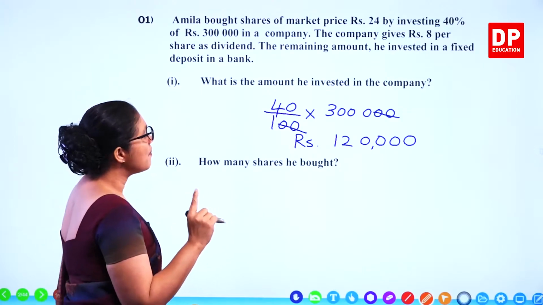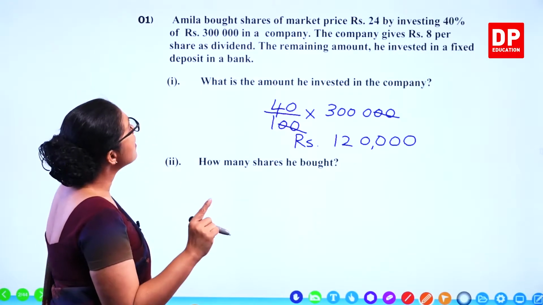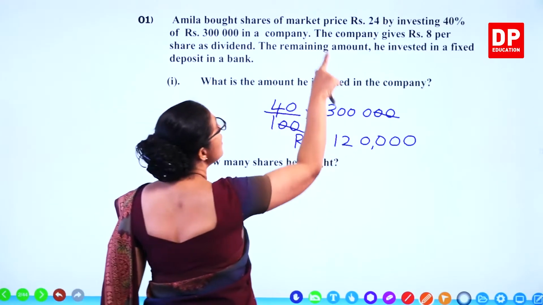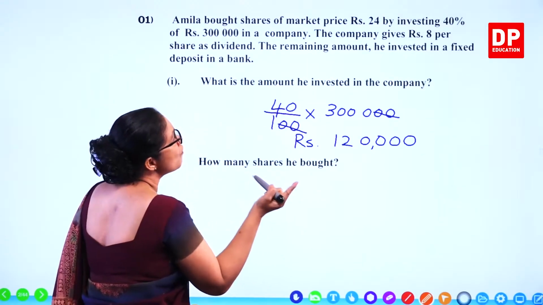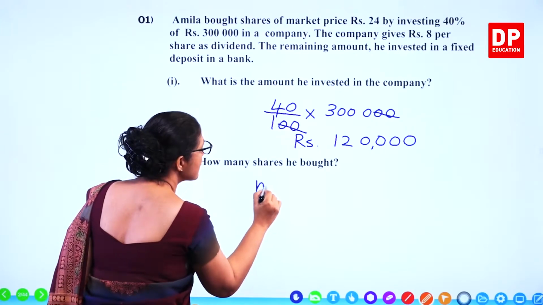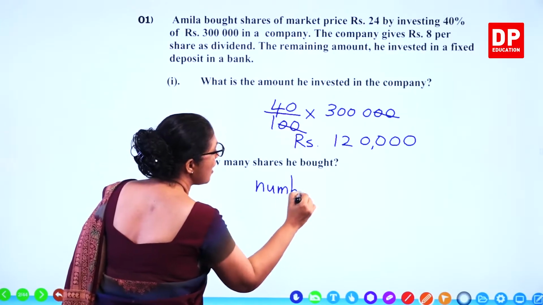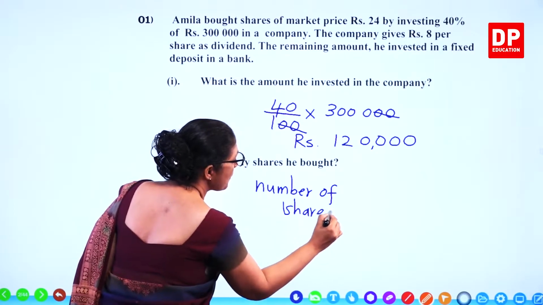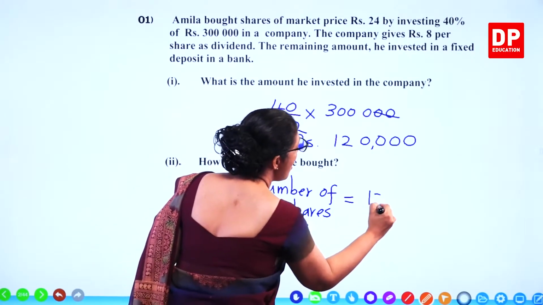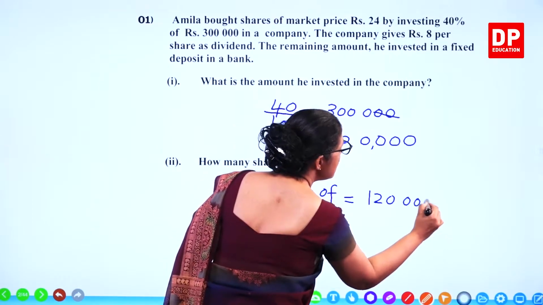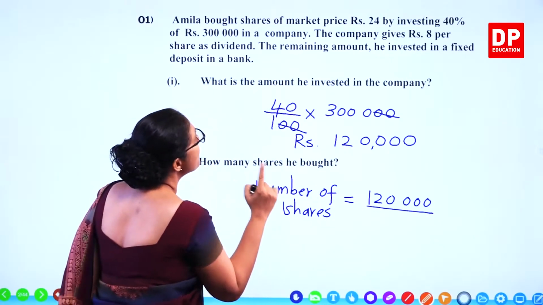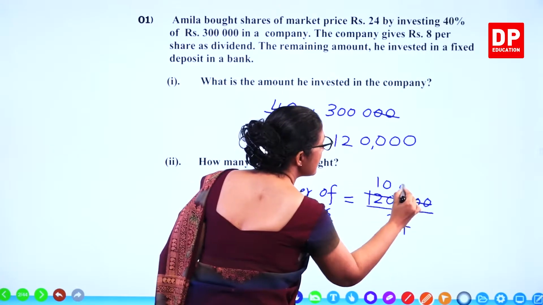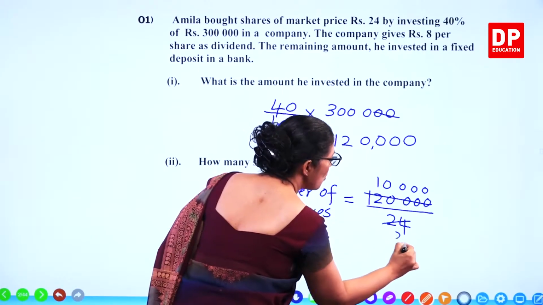How many shares he bought? So what is the market price of a share? 24 rupees. So if you can divide by 24 and find out number of shares. Number of shares is equal to 120,000 divided by 24. 12 times 10,000, 12 times 2.